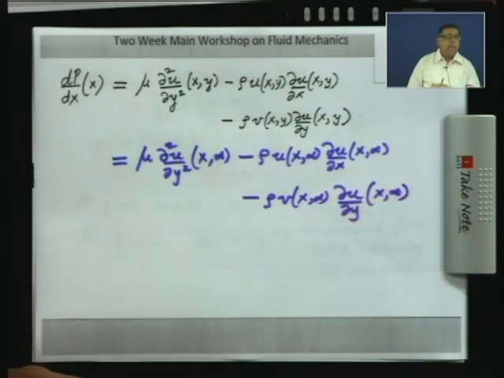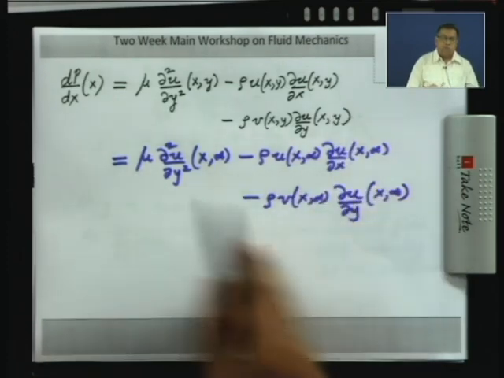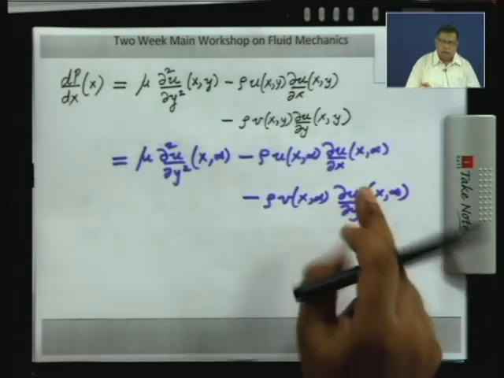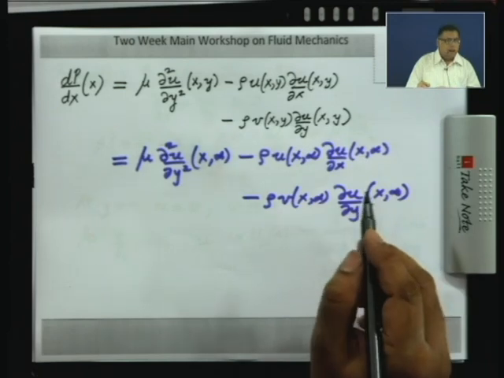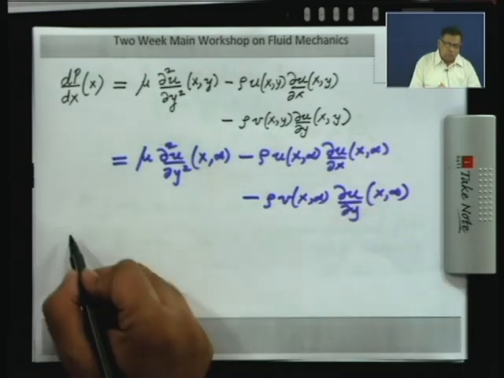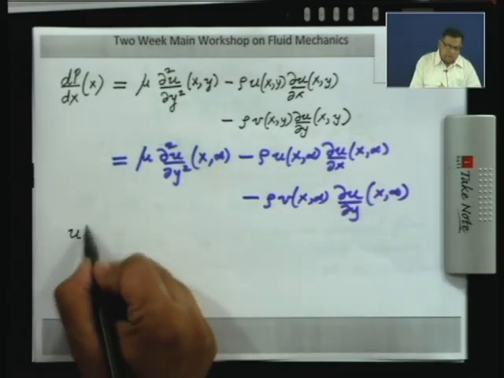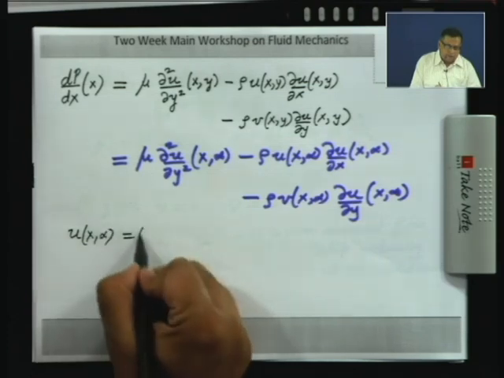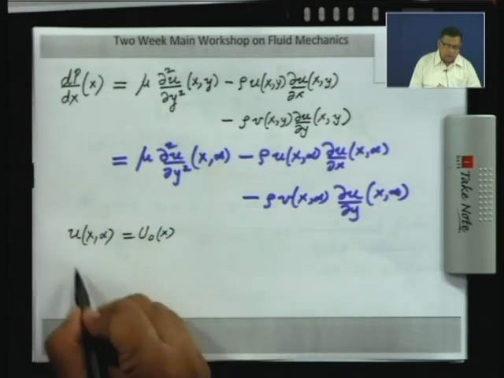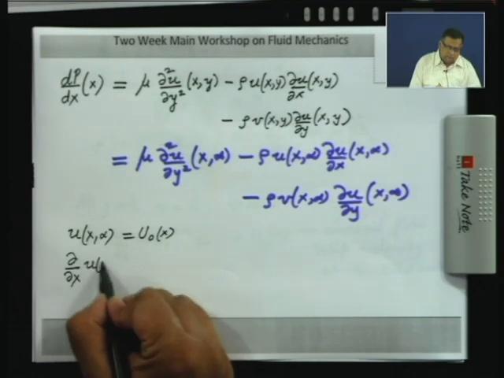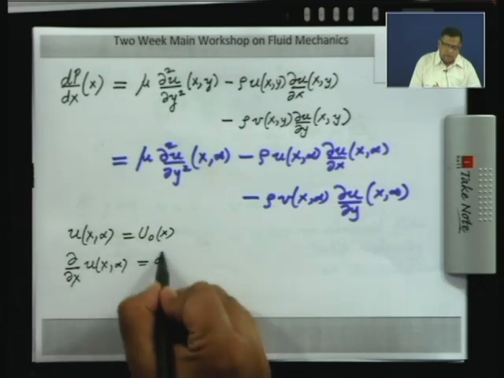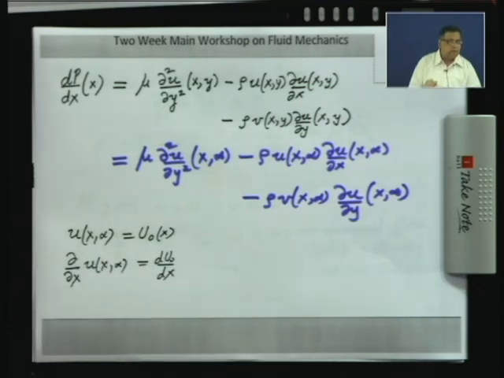The reason I am doing this is that we can evaluate the right hand side when I put y equal to infinity. It is an asymptotic condition that u(x, infinity) is u0 of x. So, if I differentiate it, del del x of u(x, infinity) is du0 dx.